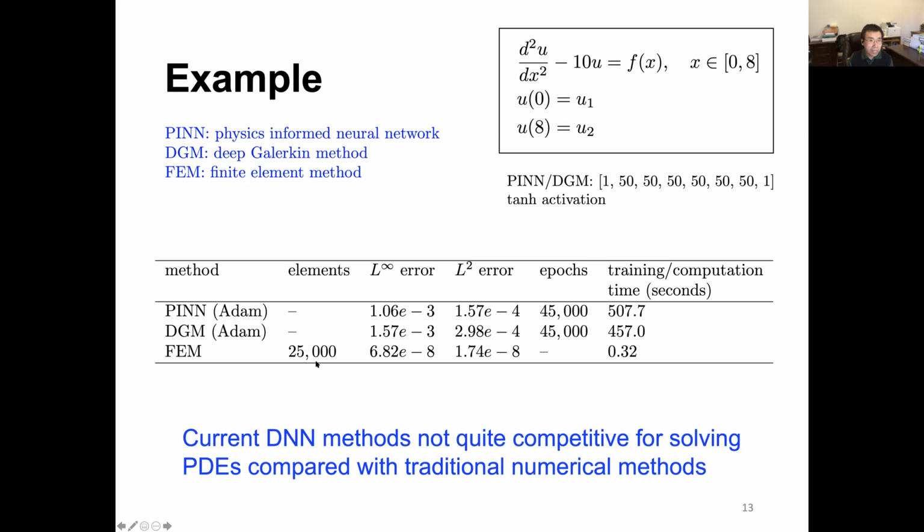With the classical FEM, with 25,000 elements, you can achieve an error level around 10 to the -8, and the computation time is around 0 point something seconds.